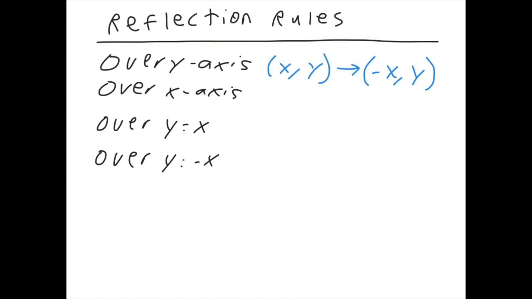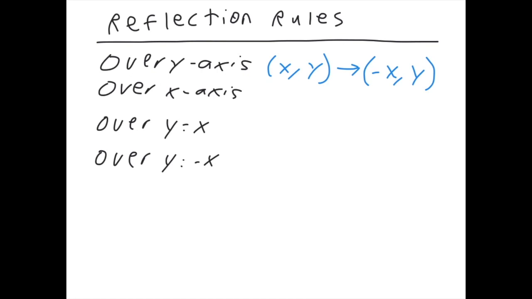So all that changed was we made the x value negative, and if it was already negative, we would change it to a positive. So we're just changing the sign of the x value, because when we reflect it over the y-axis, anything that was on the positive side now becomes on the negative, and vice versa.